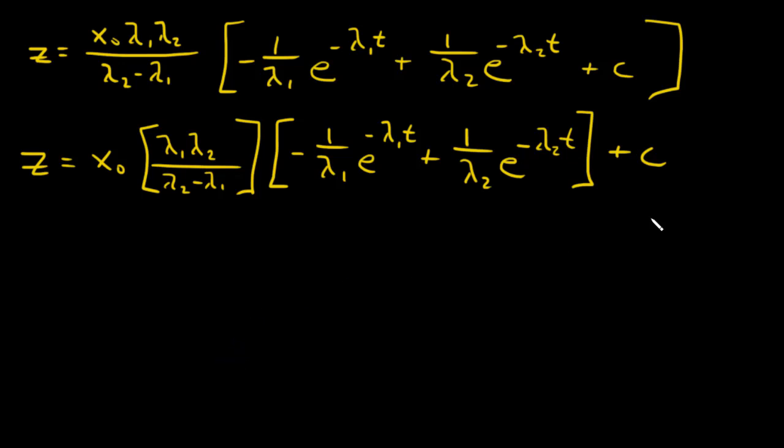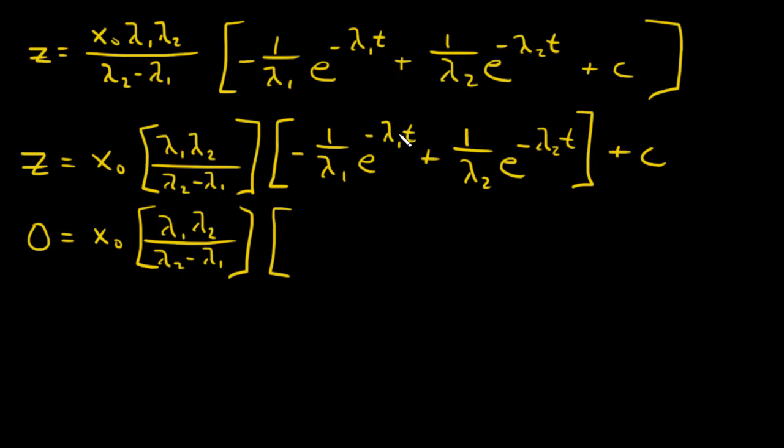Okay? Now that I have all of this, I need to figure out what this c is. To figure out that c, I need my initial condition. So z at t equals 0 is equal to 0. So 0 is equal to x naught times lambda 1 lambda 2 over lambda 2 minus lambda 1, and then times, inside of here, t is 0, so this becomes a 1.